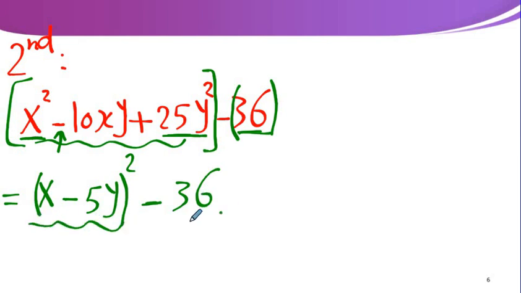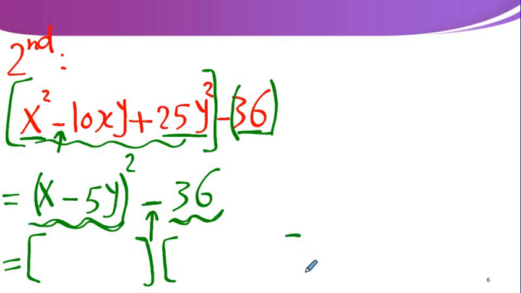This is a perfect square, and this is a perfect square, and there is a difference sign between them. So this is a difference between two squares. You should factorize it. To factorize it, open two brackets, one positive and the other negative.